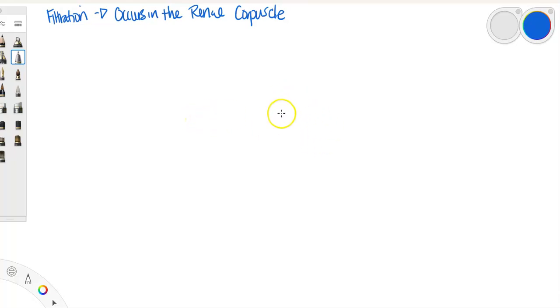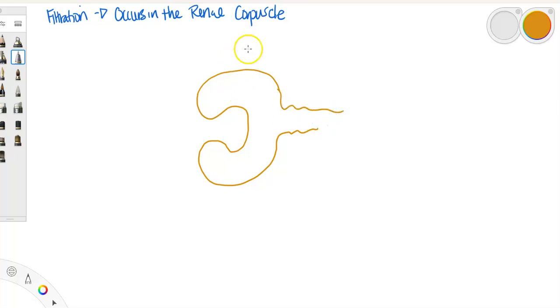So we draw our little renal corpuscle thing. Okay. So here's that Bowman's capsule, you know that.